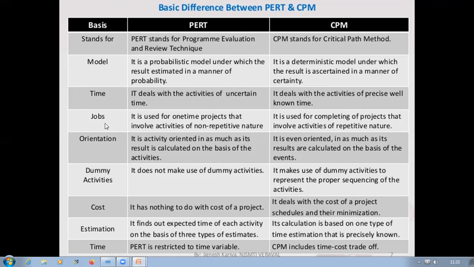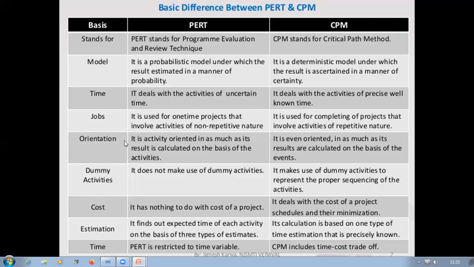And then coming to the fourth one, jobs. PERT is used for one-time projects that involve activities of non-repetitive nature. Whereas CPM is used for completion of projects that involve activities of repetitive nature.